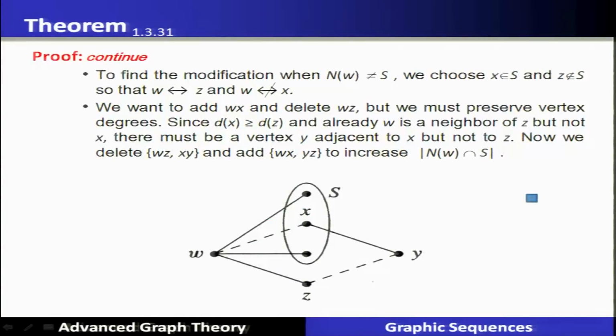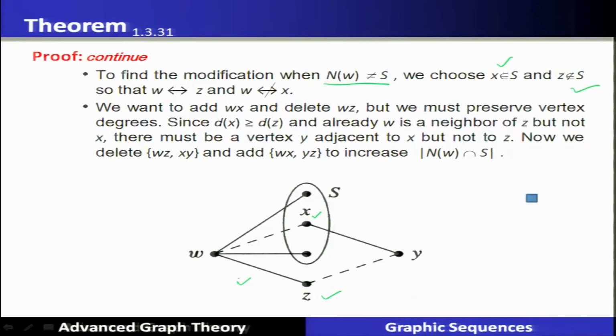So to find the modification when N(W), that is the neighbors of W, is not equal to S, we choose X which is in S and an element Z which is not in S, so that W and Z are adjacent, but W and X are not adjacent.